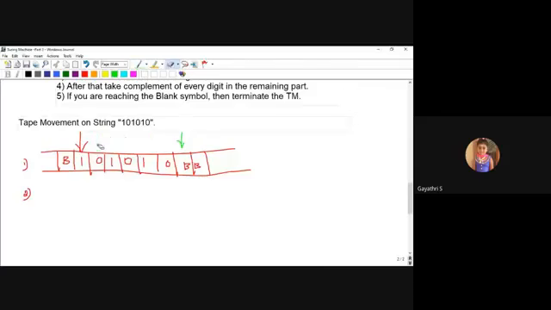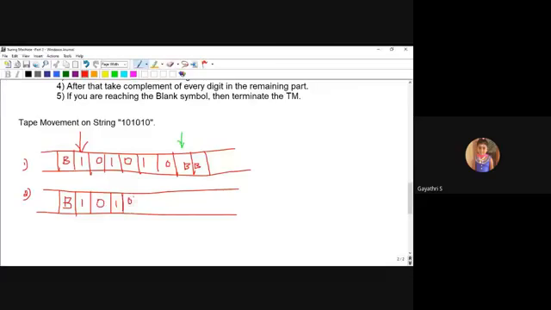I couldn't draw all the steps because they are unnecessary. Once I reach the blank symbol, in the next step I move one step left.